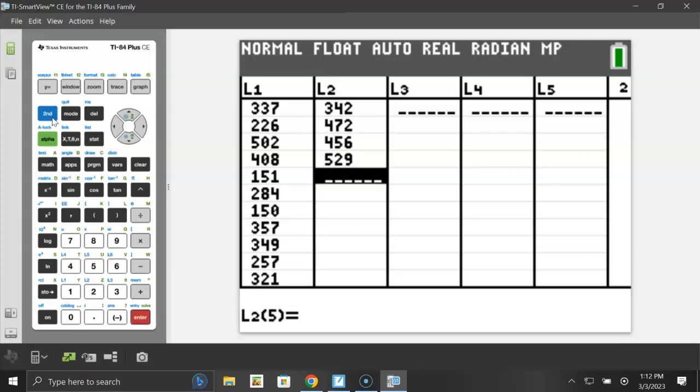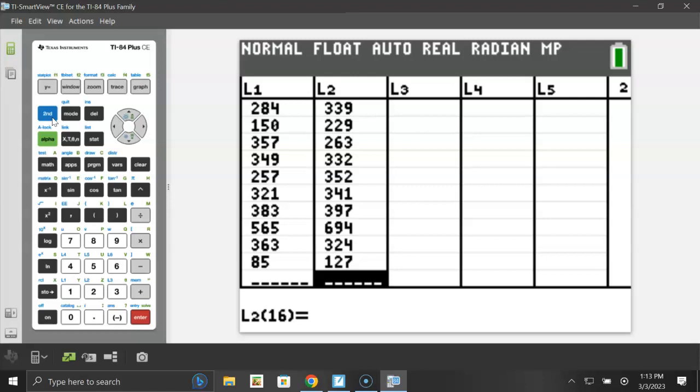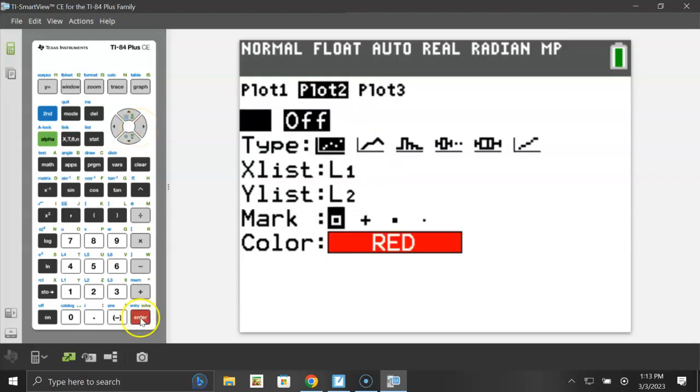456, 529. Turn on list 1 and list 2. We can't do this one.